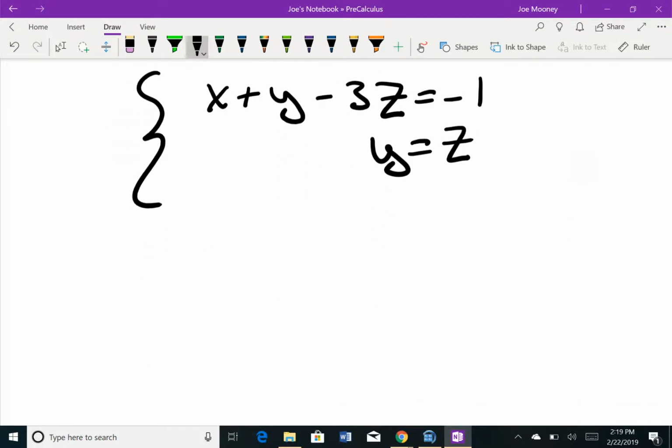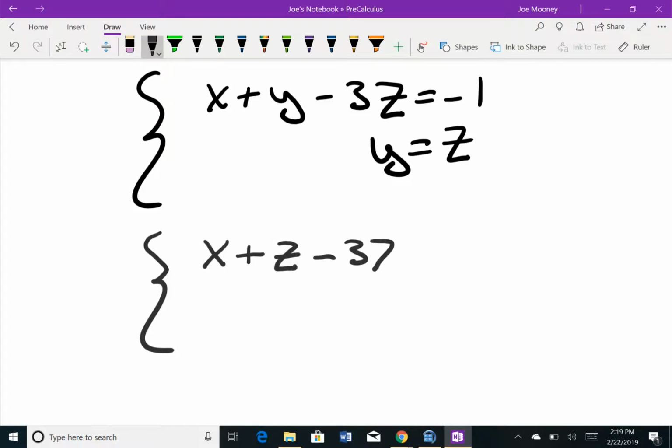So if y is equal to z, that must mean that x plus y, which is z, minus 3z is equal to -1. All right, so let's see, what does that mean?